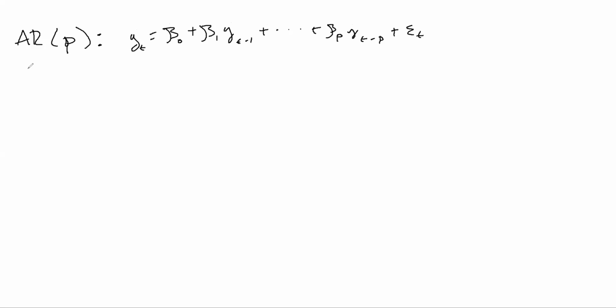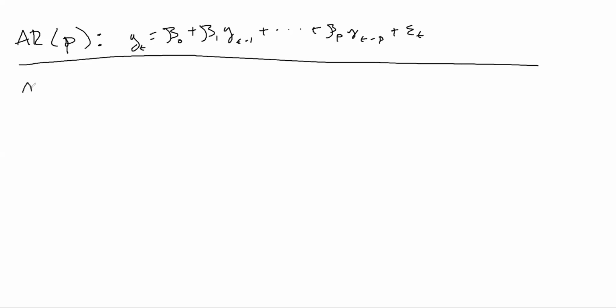So this is the notation for a general autoregressive process. But let's go back to our first order autoregressive process where P is equal to 1. That would give us this model here.